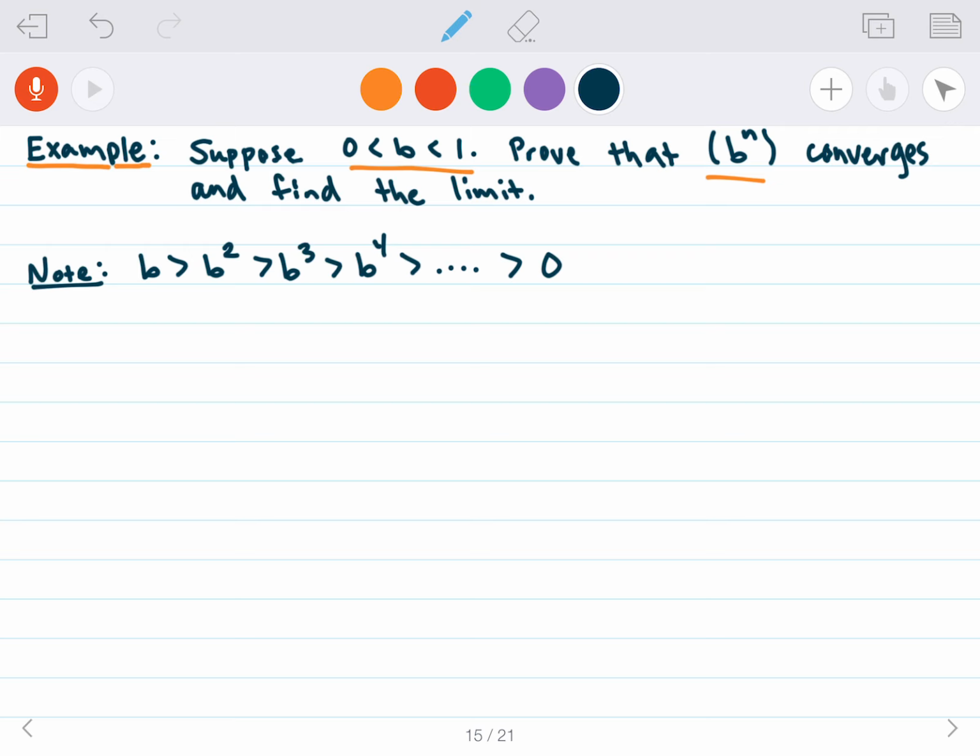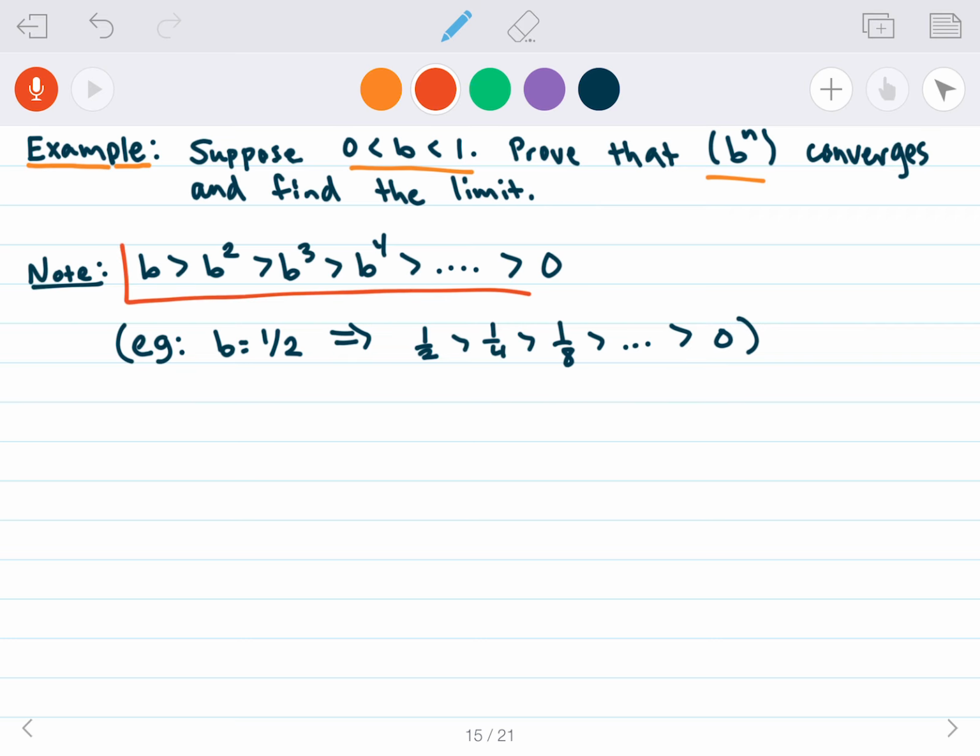Just to see this, for example, if b is equal to a half, we have a half is bigger than a fourth, bigger than an eighth, and so forth, and all bigger than 0. Okay, so this is the first thing that we're going to note here.